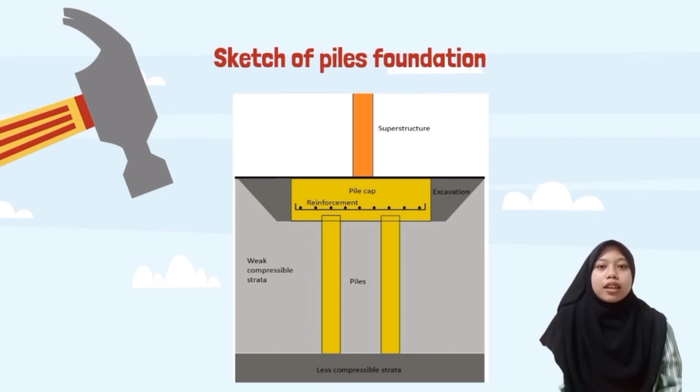Okay, if we look at the sketch of pile foundation. Pile foundations are principally used to transfer the loads from the superstructure through weak compressible strata or water onto stronger, more compact, less compressible and stiffer soil or rock at depth, increasing the effective size of a foundation and resisting horizontal loads.